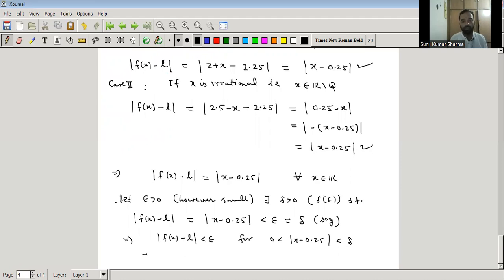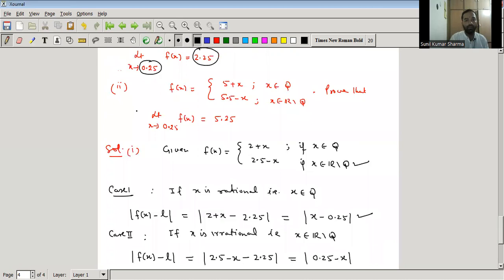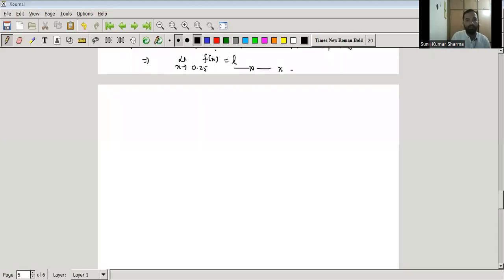So this implies that limit x goes to 0.25 of f(x) is equal to 1. Then put the value of f(x) and we get the answer. In the same way, you can try the second part, this one.